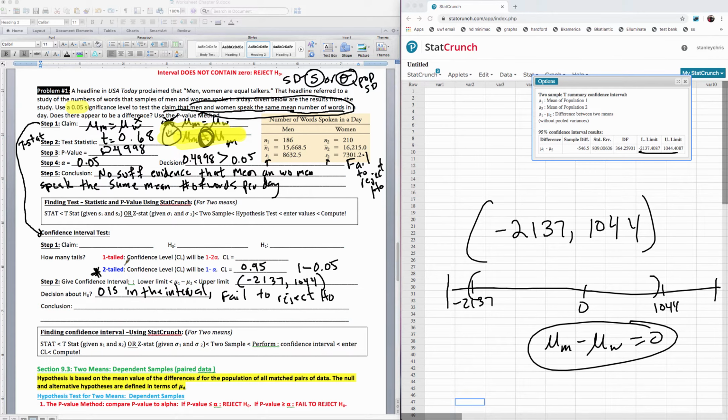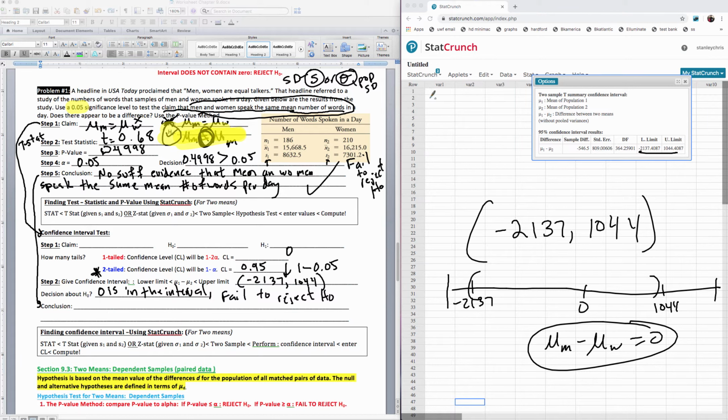Okay, so this is going to be the same conclusion. So the conclusions will be the same. So if you fail to reject up here, you should be seeing 0 in here. If you reject up here, you should not be seeing 0.